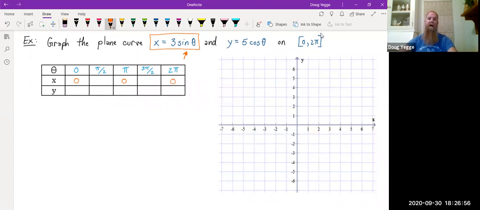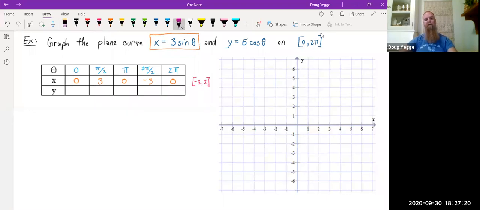Now if we plug in pi over 2, notice that sine of pi over 2 is 1. So 1 times 3 gives me 3, while plugging in 3 pi over 2 gives me -1 times 3, or -3. So we can already see the domain for x is going to be from -3 to 3.